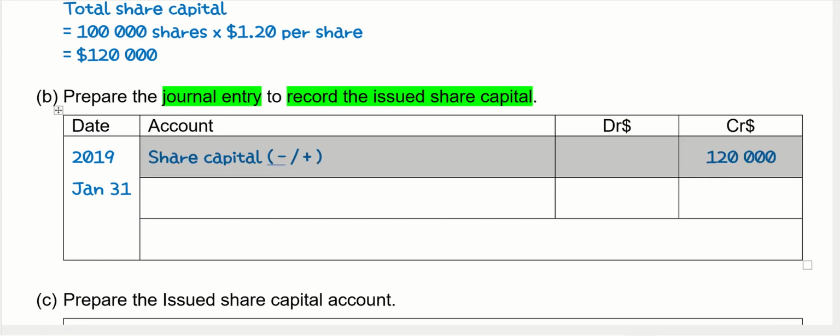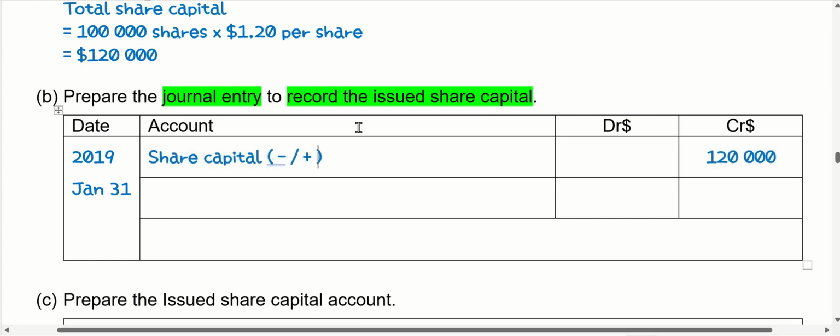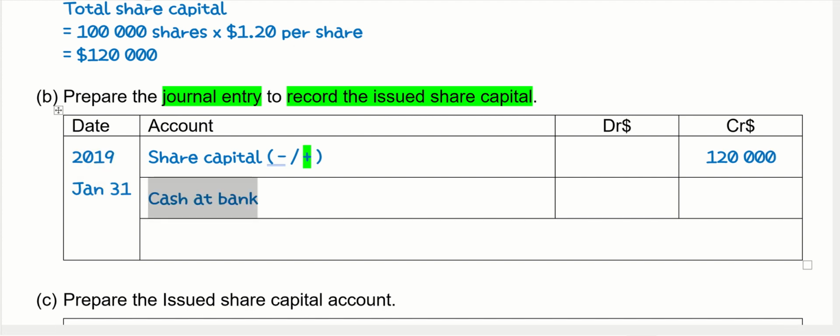What is the first account affected? I will record share capital increases. I have more share capital, credit 120,000. Now, what is the other account affected? You receive cash, so you'll record cash at bank as a debit.